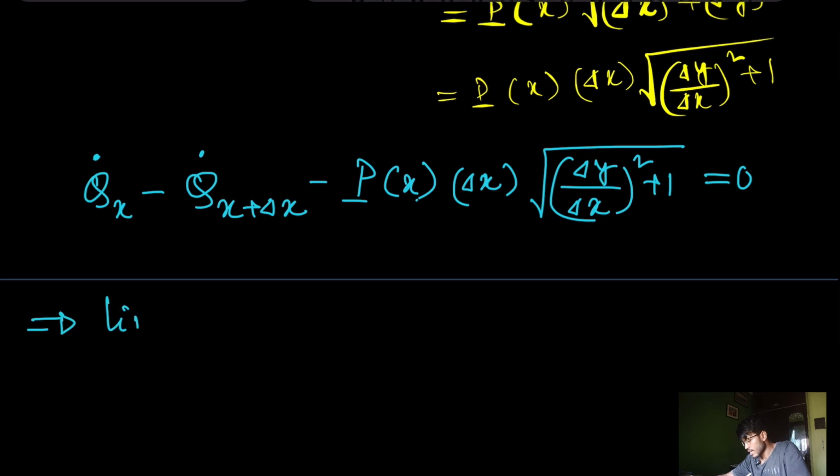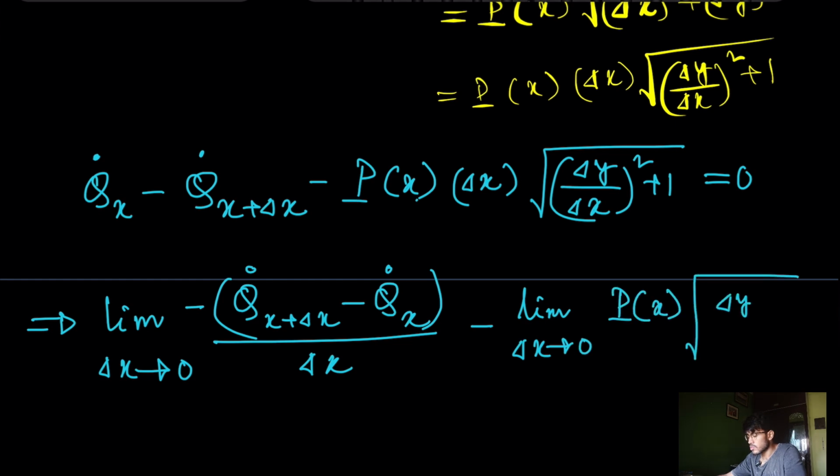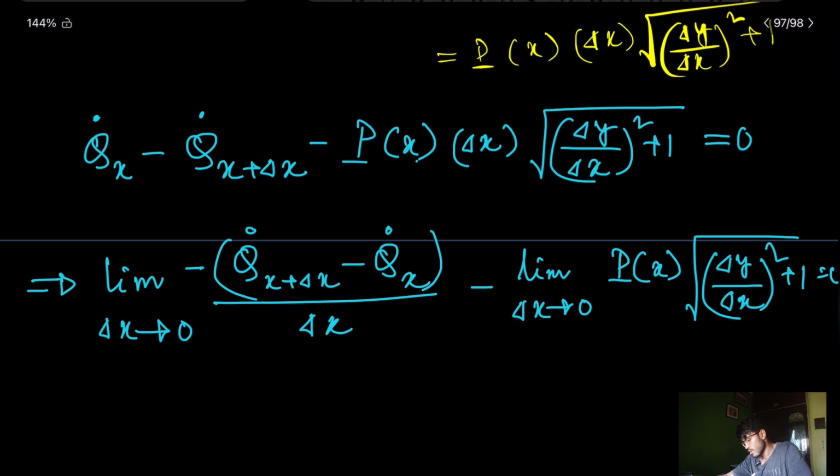So I will take the limit delta x tends to 0, divide the whole equation, and take a minus common here. In this expression also I will take the limit, so delta y by delta x whole square is equal to 0.